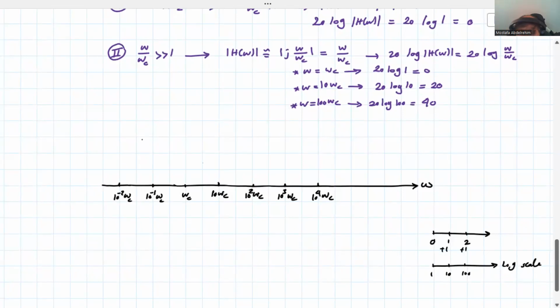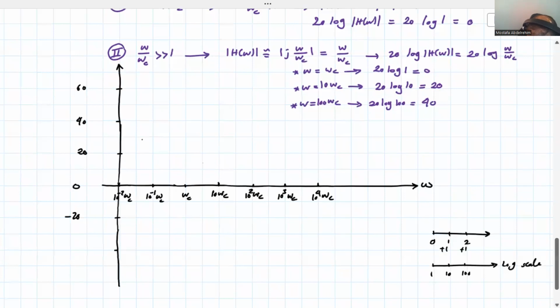But the y-axis is a normal one. The y-axis here is 0, and 20, 40, 60. So we add each time. Minus 20, minus 40, minus 60.